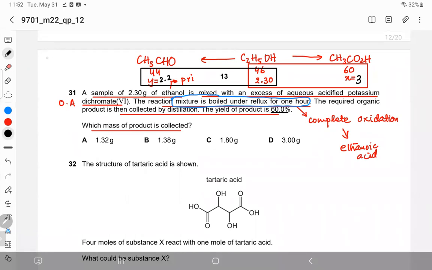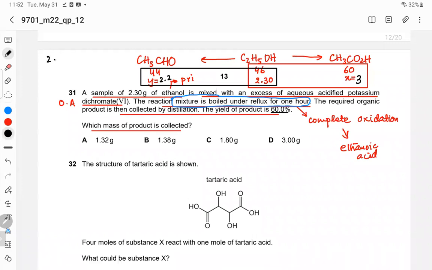Now, for aldehyde, take out 60% of this, and for the acid, 60% of this. So can anybody tell me the answers for 60% of Y and 60% of X? Yes, for X it is 1.8 and for Y it is 1.32.